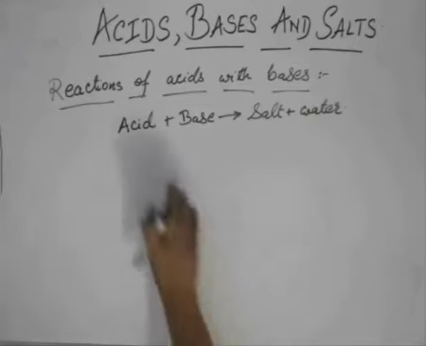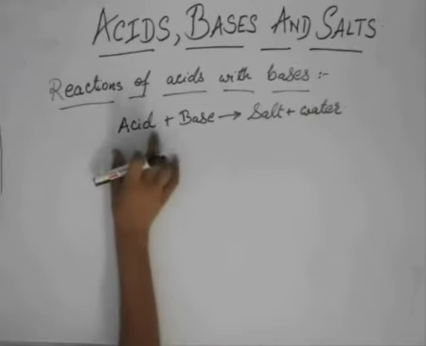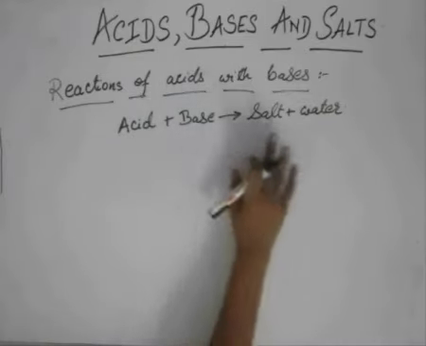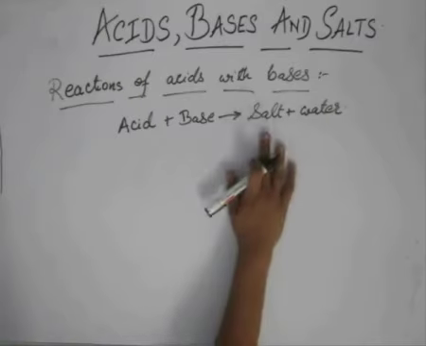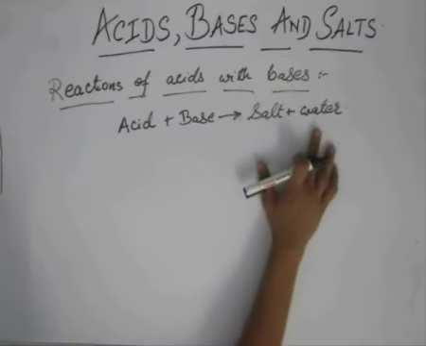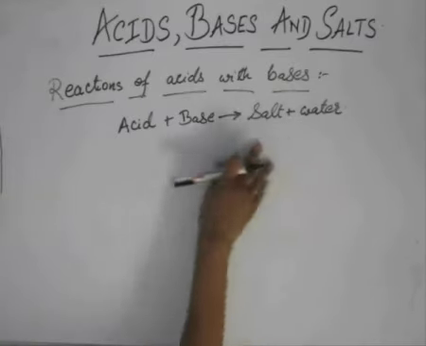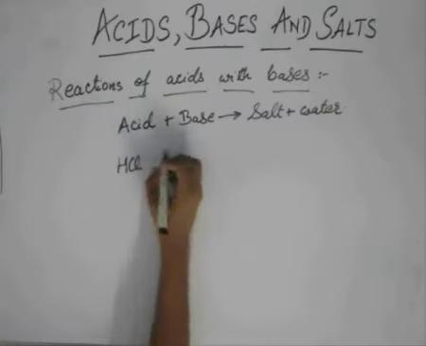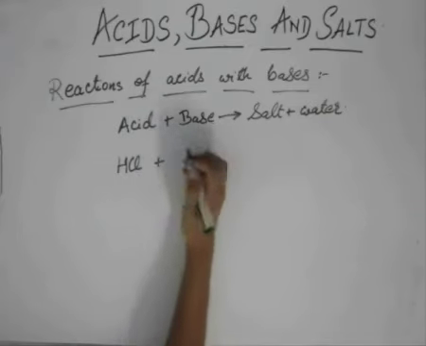Now, in case you are not familiar with this, let me explain that an acid will always react with a base to give a corresponding salt, and it will give water. Let us see how. Suppose we have HCl and we have NaOH.